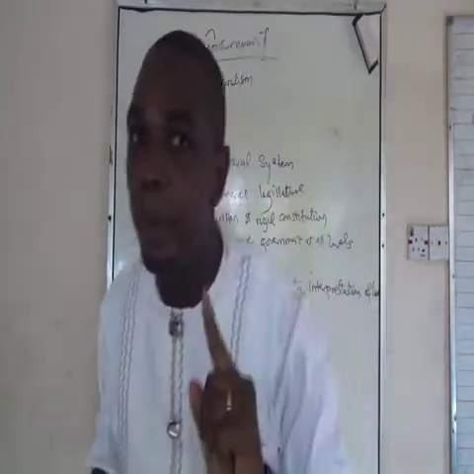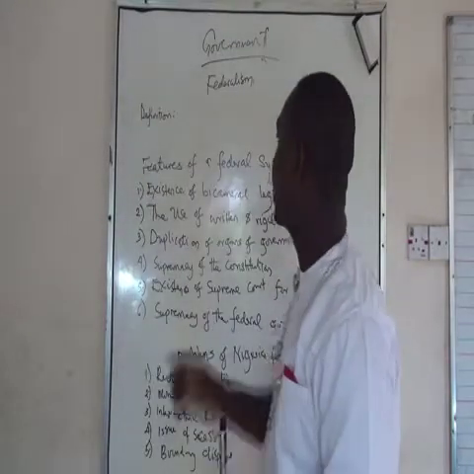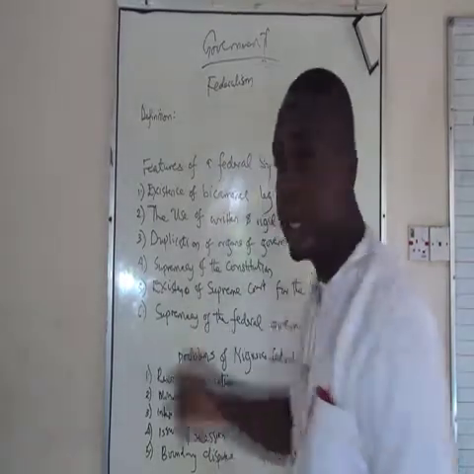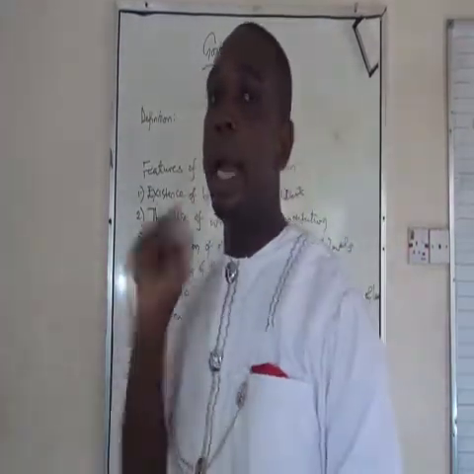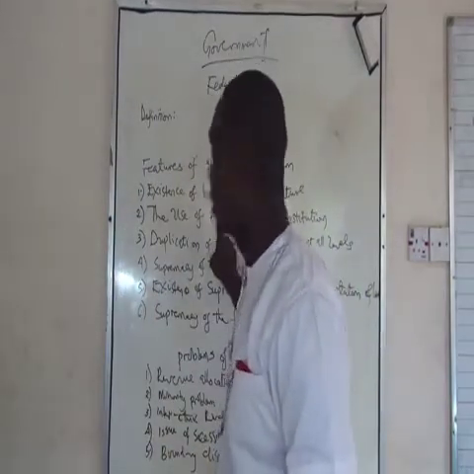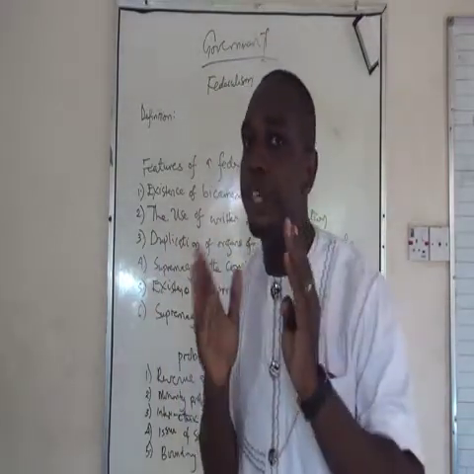And that is one dominant feature of a federal system, being that the federal system must make use of what? A written and rigid constitution. A very important characteristic with a written constitution is that such constitutions are rigid.